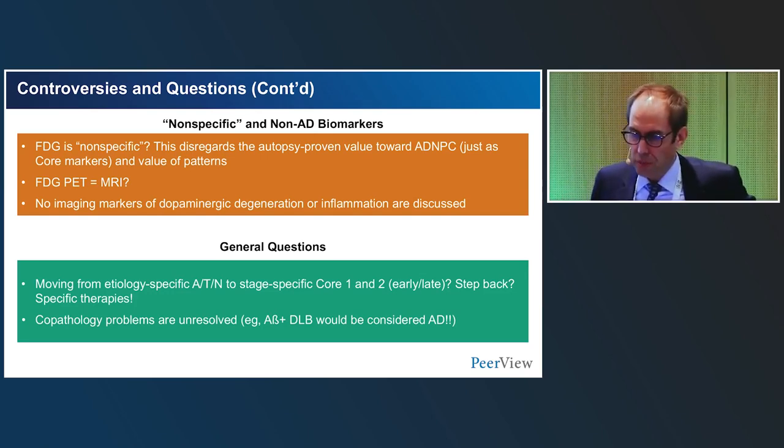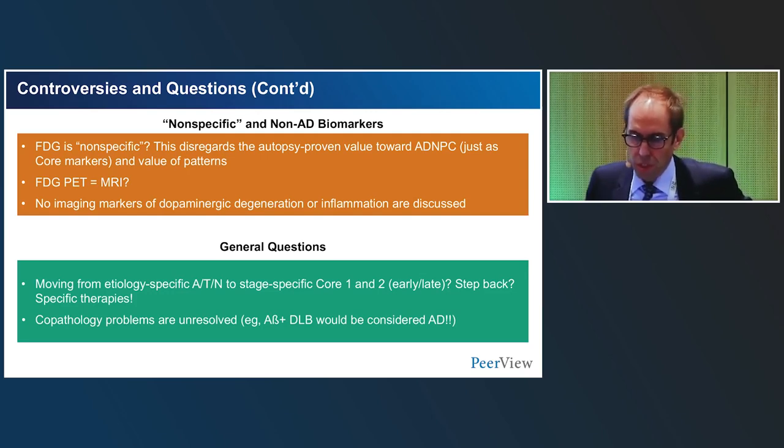I also find it interesting that no biomarkers of dopaminergic degeneration are mentioned, because they do mention the CSF assay of synuclein aggregates, but do not mention markers of dopaminergic degeneration, which are well established for getting this diagnosis.